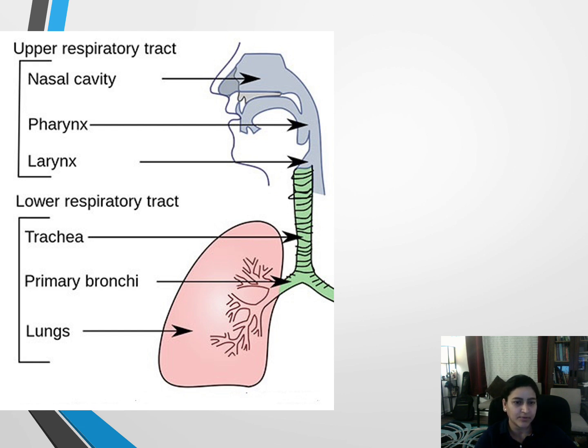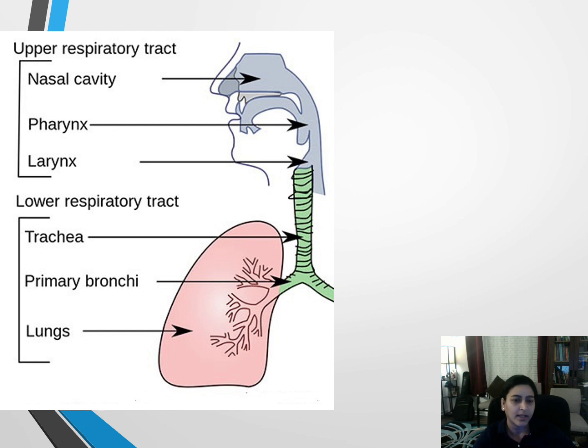As you move down, the trachea bifurcates into two primary bronchi, or singular bronchus. This point is called the carina. It has cough receptors or reflexes, in case anything like food particles moves into the respiratory tract, there would be a cough reflex because of those receptors.